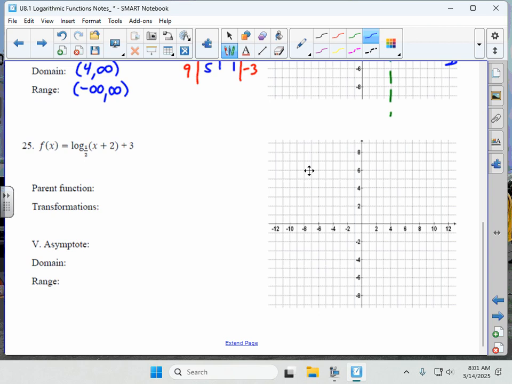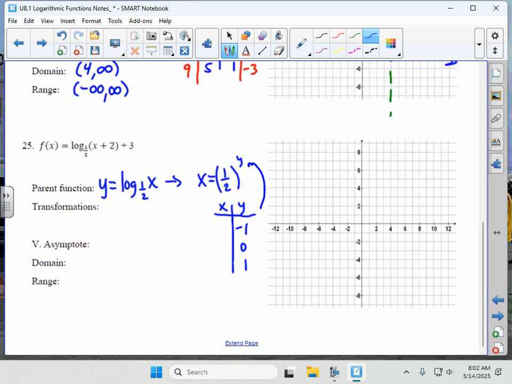All right, so our last one, our parent function, y equals log base 1/2 of x. All right, so then changing this to exponential form, this is 1/2 to the y equals x, or x equals 1/2 to the y power. All right, doing our xy table, again, just use -1, 0, 1, plug them in for y.